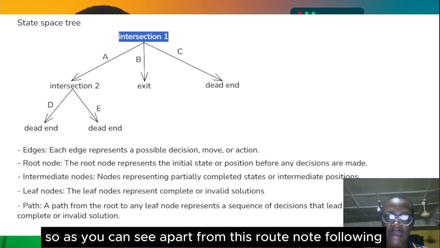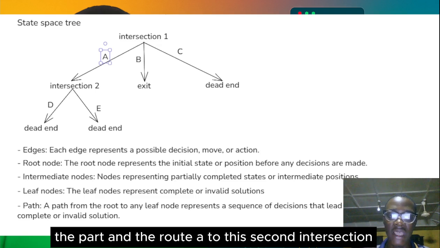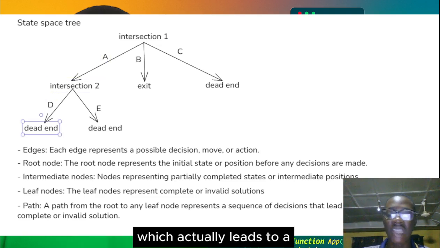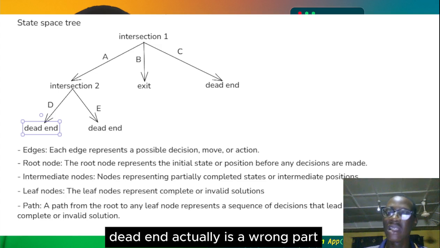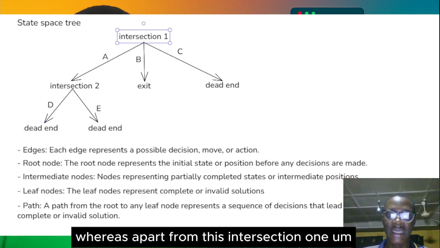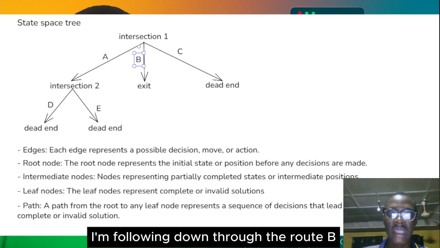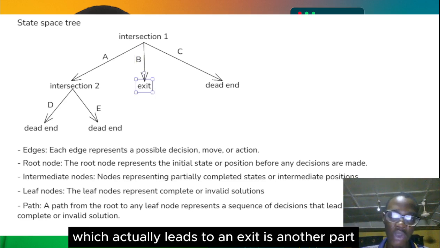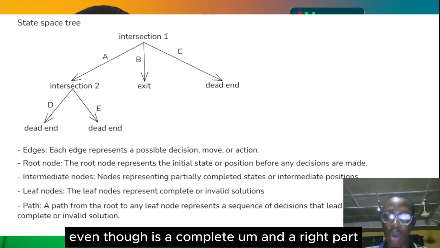As you can see, a path from this root node following route A to this second intersection, following down to route D, which leads to a dead end, is a wrong path, an invalid path. But it is a path, whereas a path from intersection 1 following down through route B, which leads to an exit, is another path, a complete and right path.